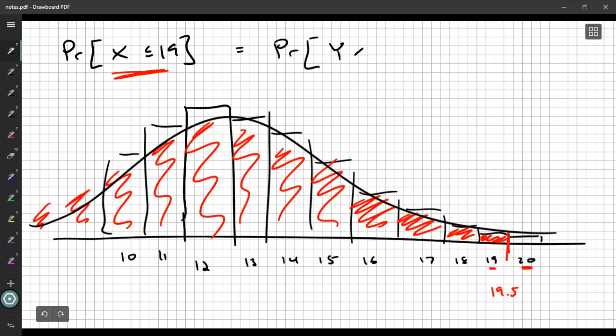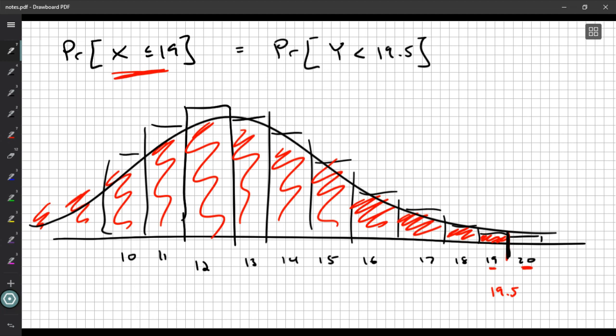So it'll be Y less than. It's always less than or greater than. We don't deal with equals, because normal random variables are continuous random variables. But instead of 19 or anything like that, it's 19.5 because that's where the shading stopped. So that's where our area under the normal curve should also stop.